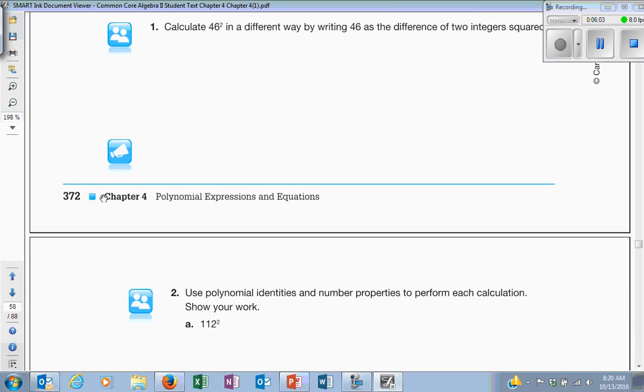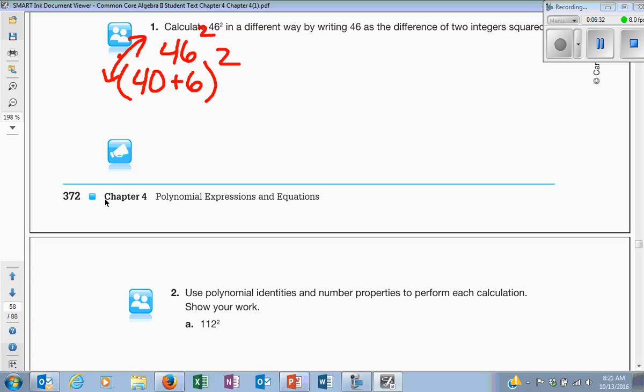If we did 46 squared, does everybody realize I can break that up into (40 plus 6) squared? Have I broken any mathematics rules? Because what am I supposed to do first before I square? Parentheses. So what's 40 plus 6? 46 and then squared. So are these two the same thing? Just change the way it looked, right?